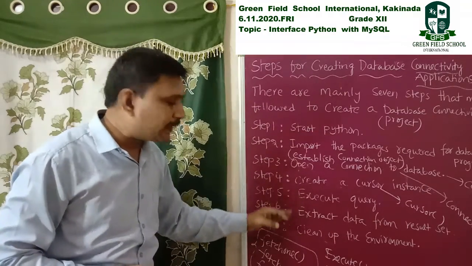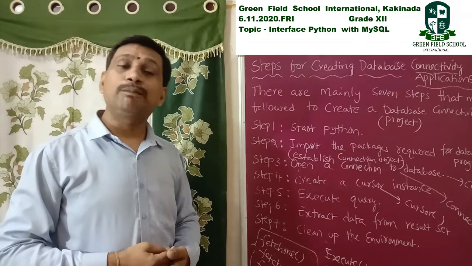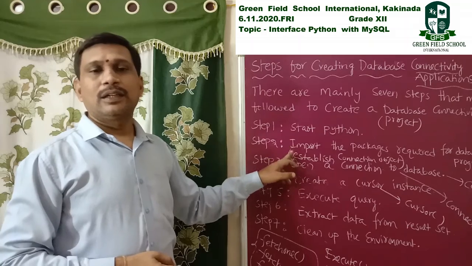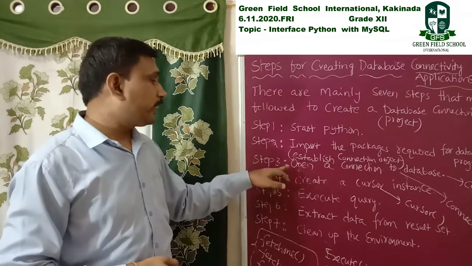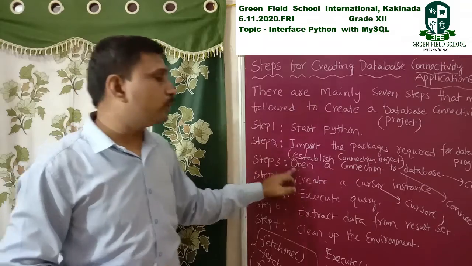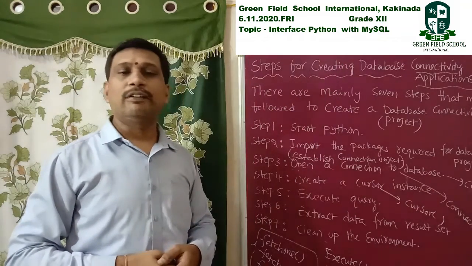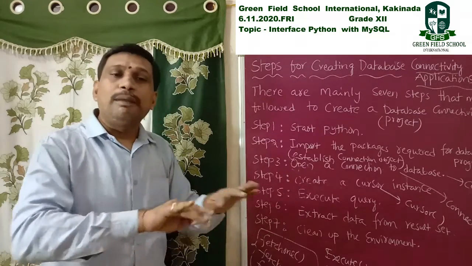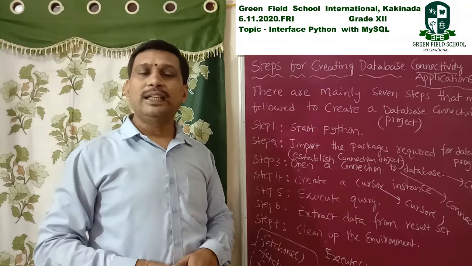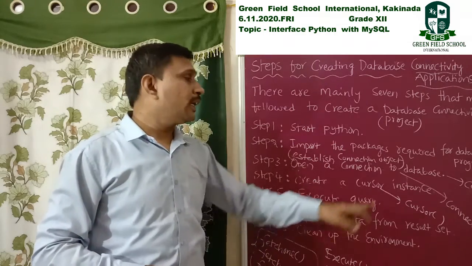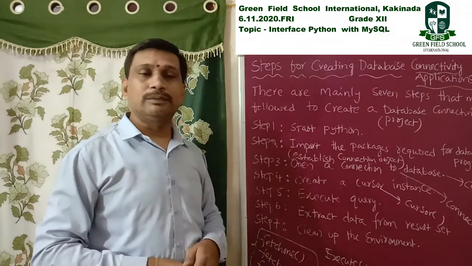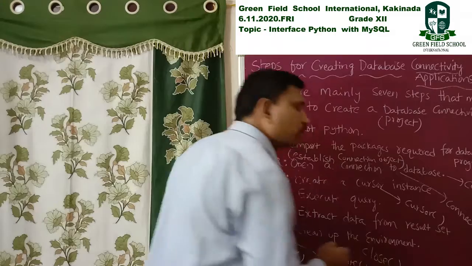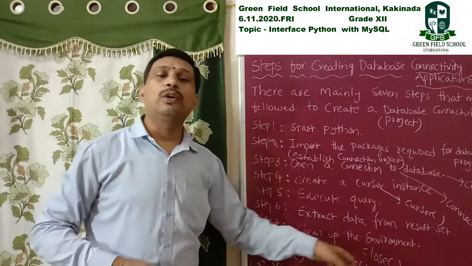After all the 6 steps are completed successfully, we close this connection object that we created in the third step by using the connect method. One database connector object that can be closed. Clean up means memory released. Close this connection object, what you created in the third step, by using the close method. Connection object dot close method.